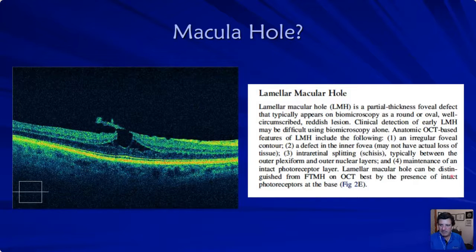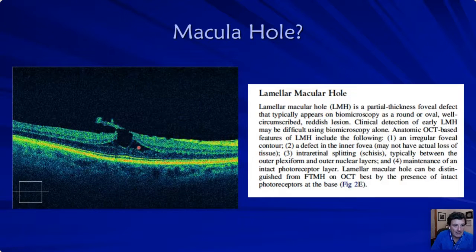But you still have the maintenance of an intact photoreceptor layer. Remember, this is the external limiting membrane, and then we have the ellipsoid zone, the outer segment, and the RPE. Your intact photoreceptor layer and the schisis and all these other qualifications here lead us to conclude that this is a lamellar hole that has formed.